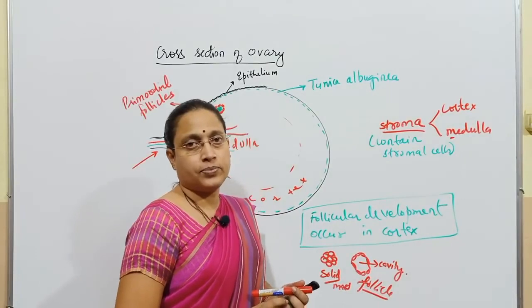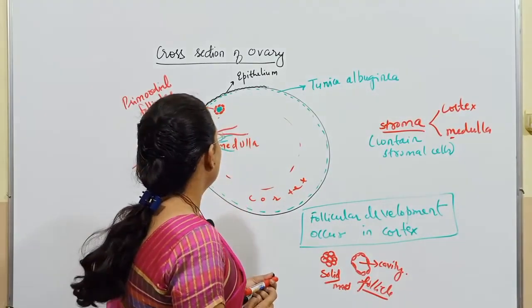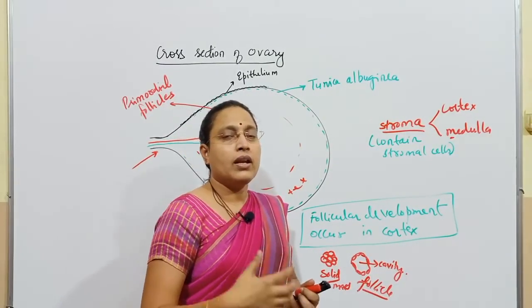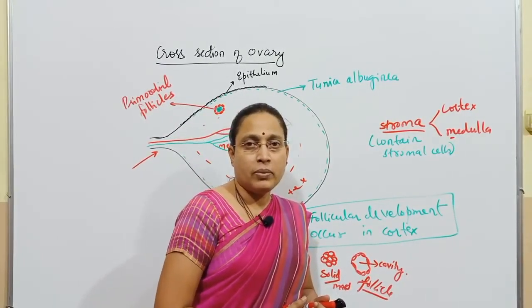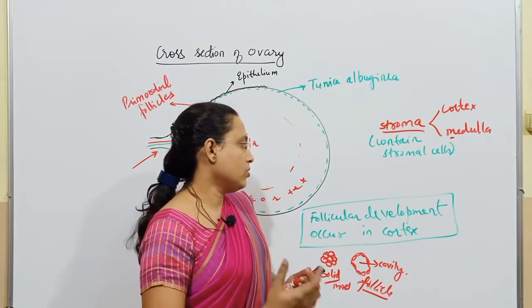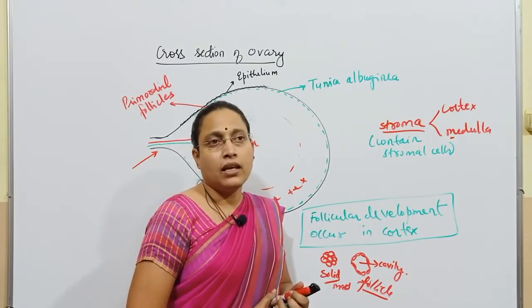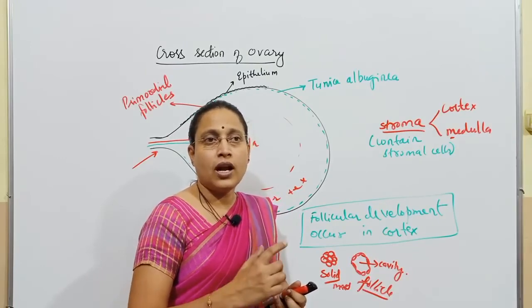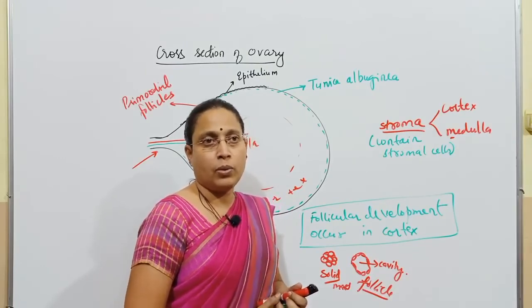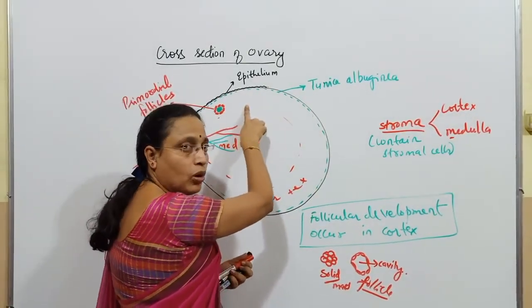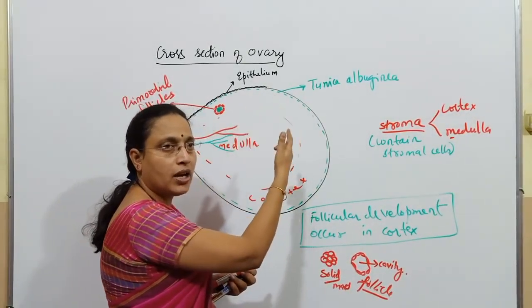Primordial follicles. Now there will be several of these primordial follicles. They undergo atresia after birth, and only a maximum of around 80,000 will be left. Now these should undergo development. The primordial follicle should develop into a primary follicle.